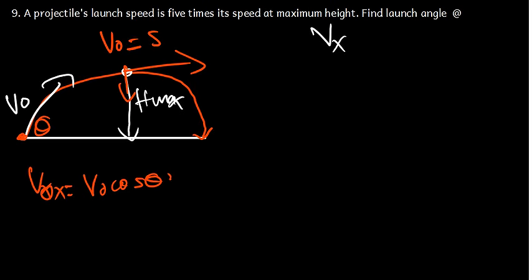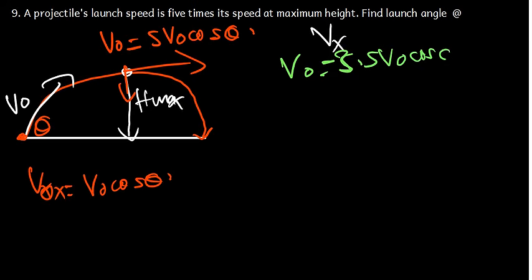When they say 5 times, just take that number times what you have. If it was 3.5, we would have said v initial equals 3.5 v initial cos theta. They want us to find the angle. So we have v initial equal to 5 v initial cos theta.